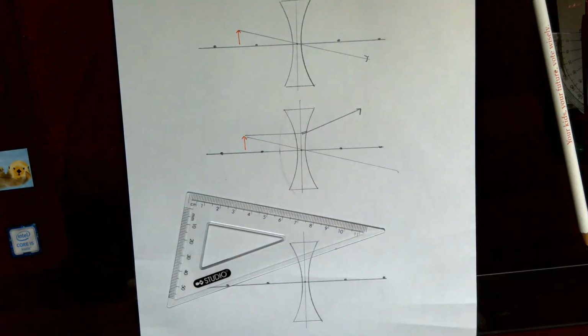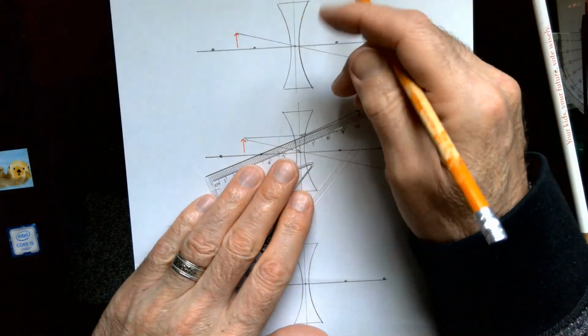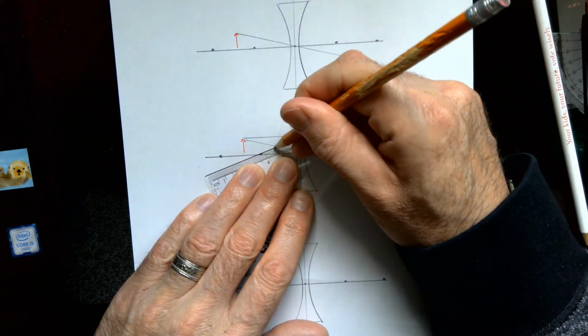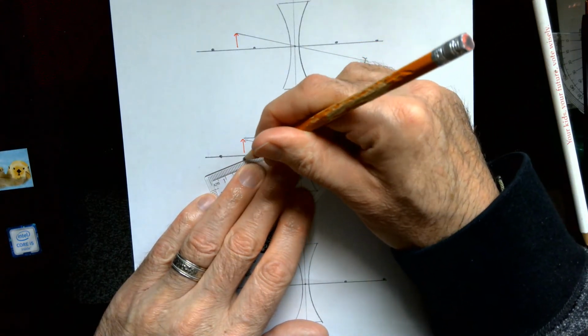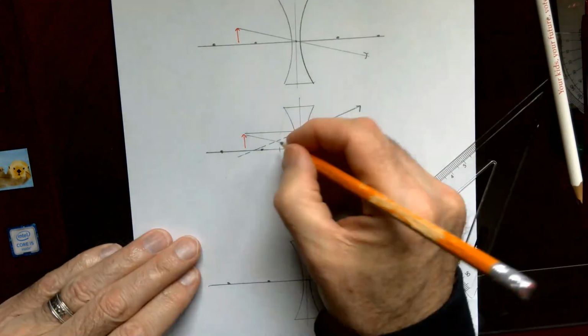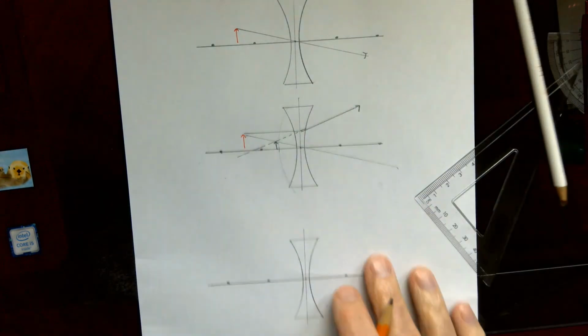What you're going to see is these lines don't come together anywhere. So you might think no image is formed, but if you back this one up, and this will give you a hint as to what you have to do later, if you back this one up, what you're going to notice is you get an image right here.